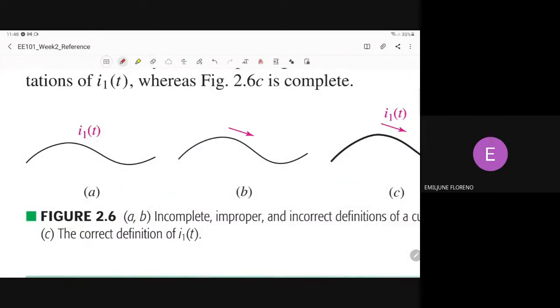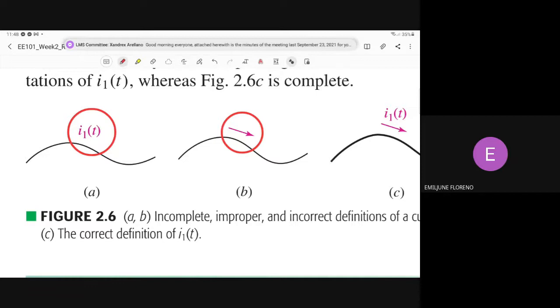Okay? So dili siya enough nga kana lang, nga I of 1 of T lang. Dili pod enough nga arrowhead lang.